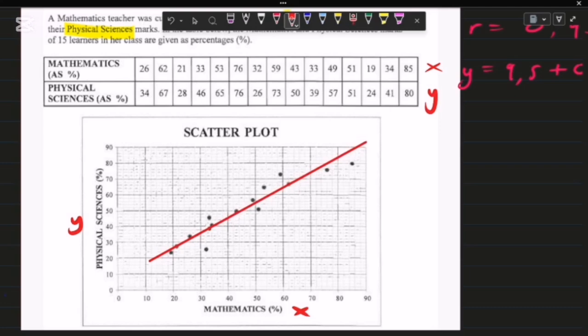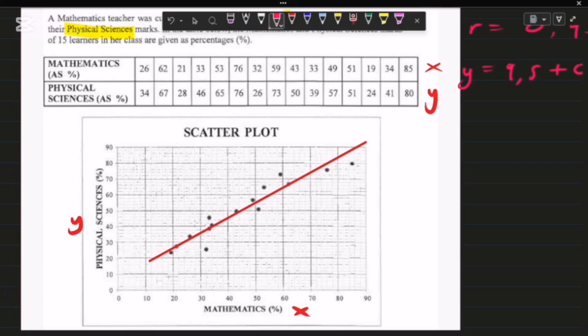Okay, that's much better. So the idea is to try and ensure that this line passes through as many points as possible. And then another tip is for us to ensure that the points that are not touched by the line are arranged in such a way that the number of points above the line is approximately equal to the number of points below the line.